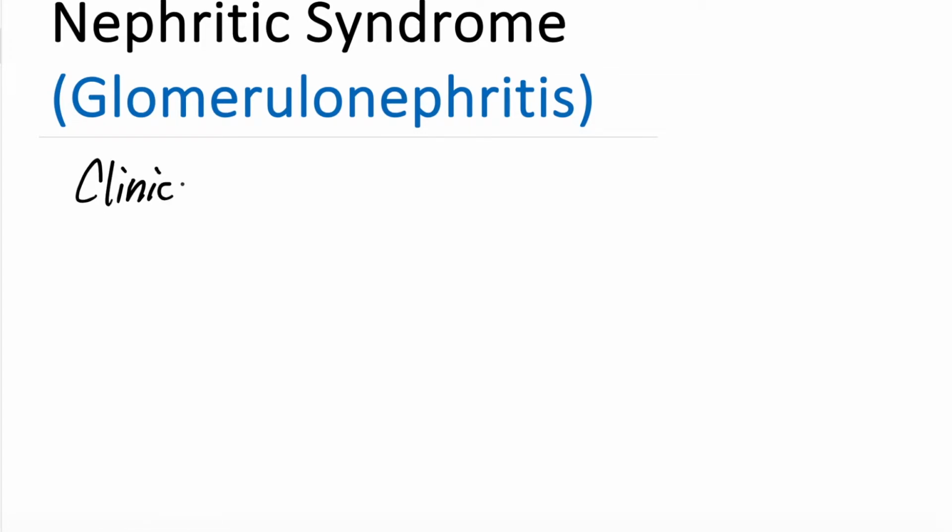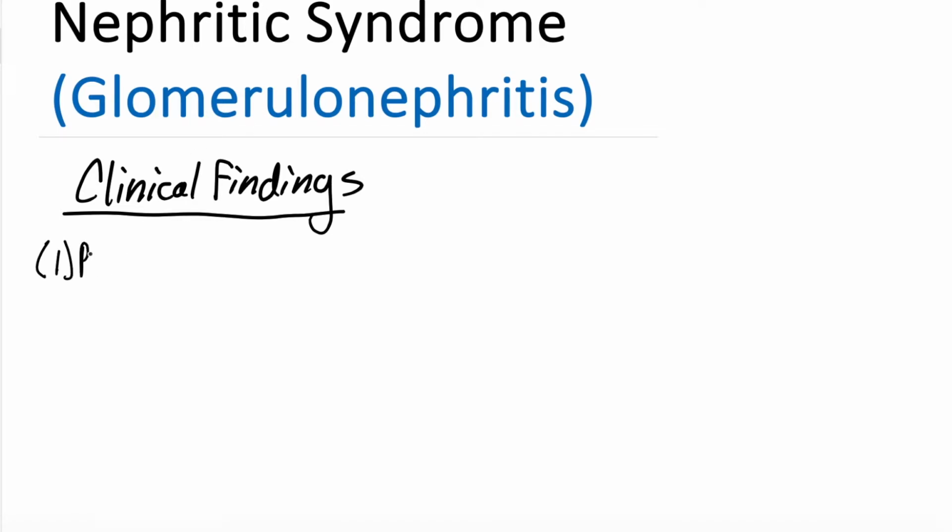So starting with clinical findings in nephritic syndrome, the clinical findings are several-fold. So you will see proteinuria. Now, if you saw our nephrotic syndrome lecture, you'll say, hey, wait a second, proteinuria was significant in nephrotic syndrome, not nephritic syndrome. Just know that this is kind of a spectrum disease with nephrotic syndrome.